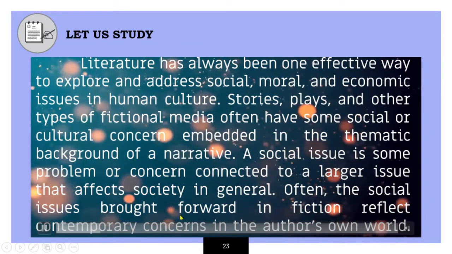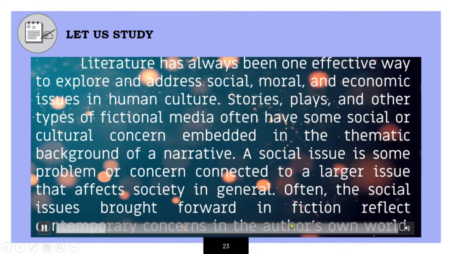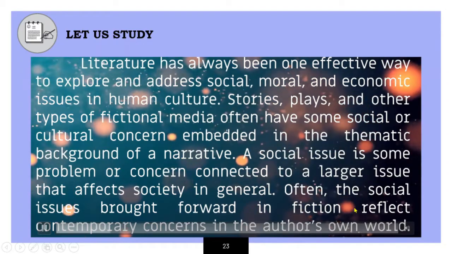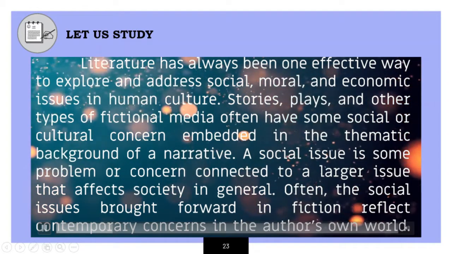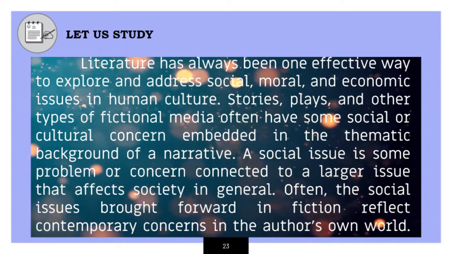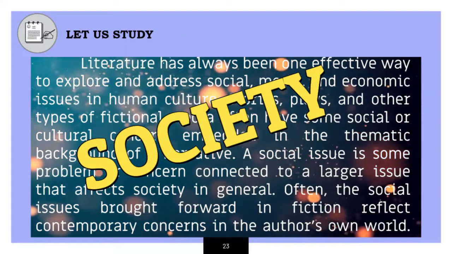Often the social issues brought forward in fiction reflect contemporary concerns in the author's own world. So as I told you, the author's writing is influenced by his or her experiences. So society is one of the reasons why he writes these things.